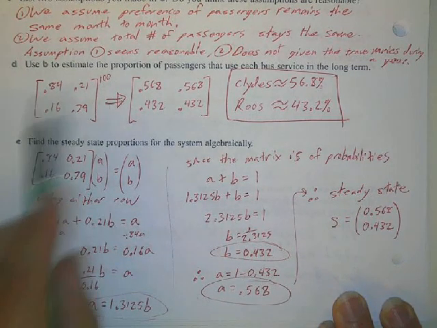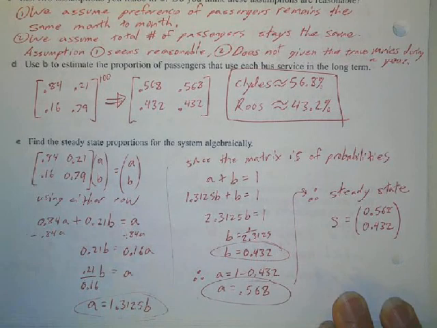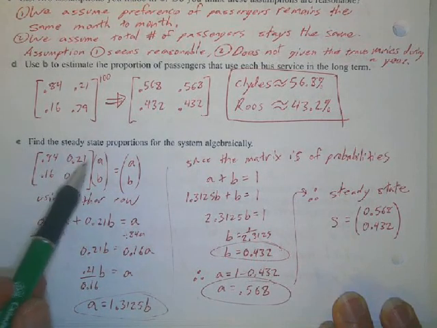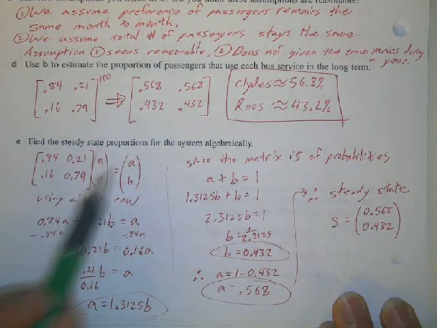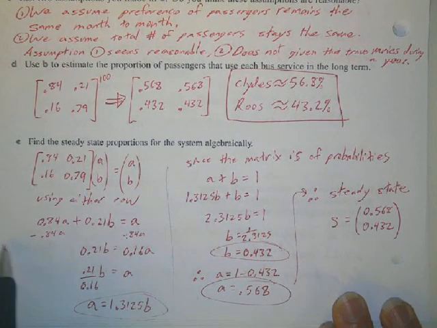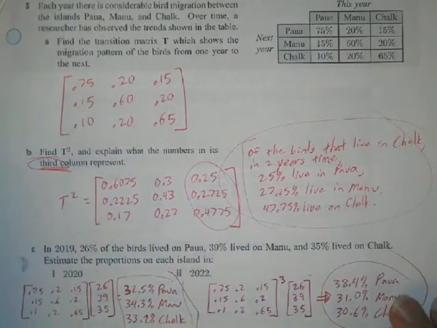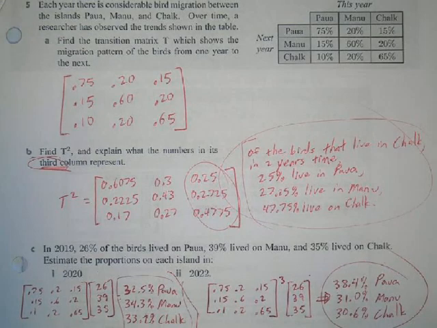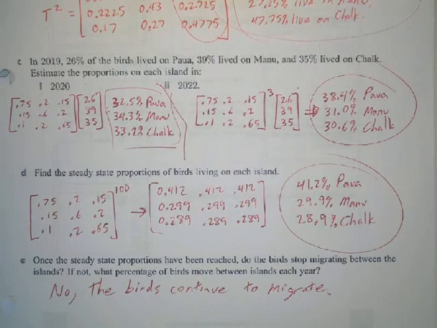So I used my transition matrix, and I said A and B and A and B, just like they did on the one. So this is an example of that. Might want to hit pause.